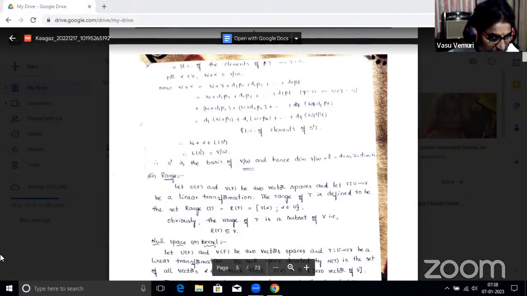That is also one of the dimension theorems. Now, one important theorem on quotient space is that a quotient space forms a vector space. Second, dimension V by W equals dimension V minus dimension W. These two theorems are very important in the final examination.